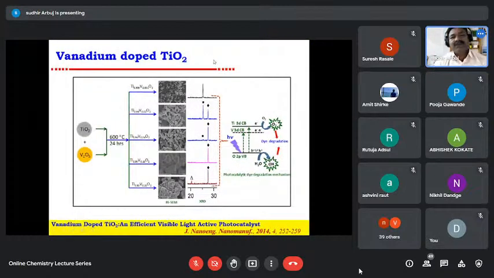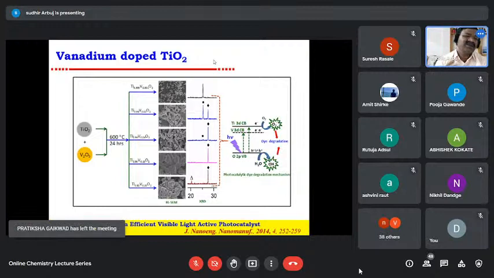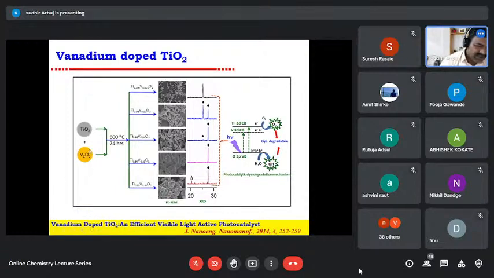So another thing we do, we prepare TiO2 which requires easy synthesis for this application. So what we got further, feasibility in the physical technique. So let's dope this TiO2 with vanadium.